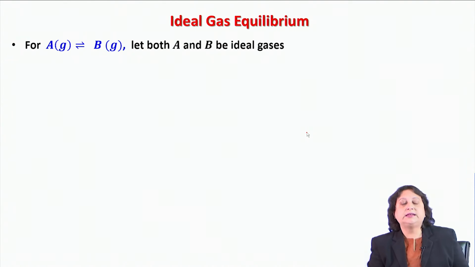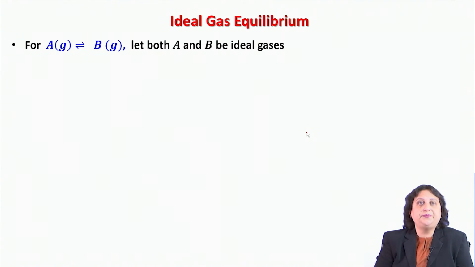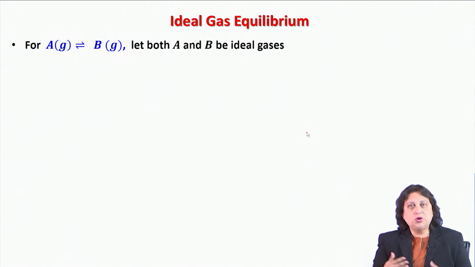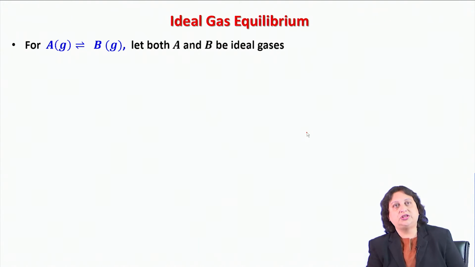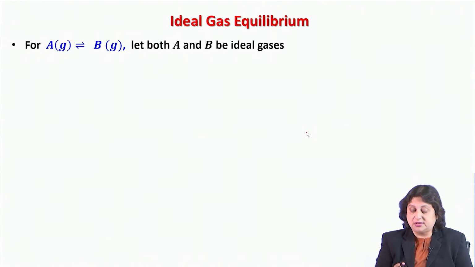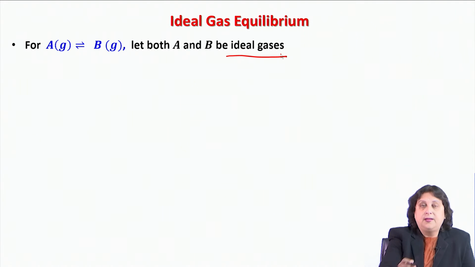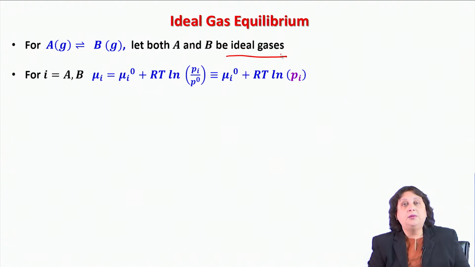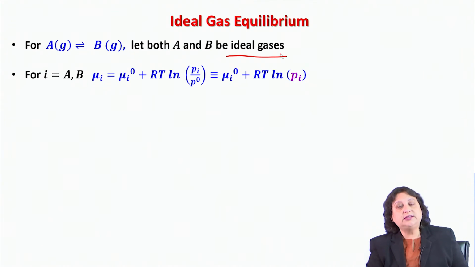So let us say that I have this chemical equilibrium A going over to B in the gas phase, and once the system has equilibrated, there is no apparent change in concentration of either A or B. And therefore, I'm going to approximate this chemical reaction mixture as comprised of ideal gases A and B. Obviously, this is an approximation, but I'm going to use it just to make our discussion very simple.